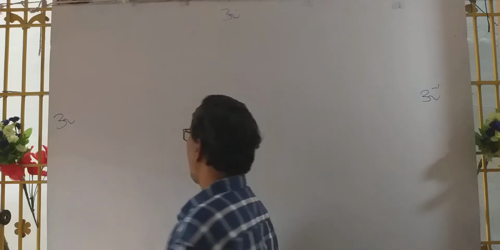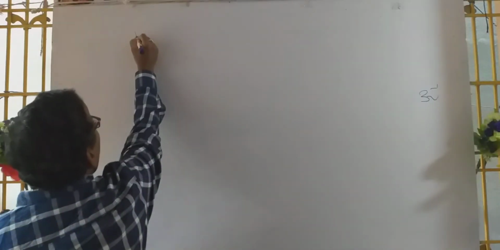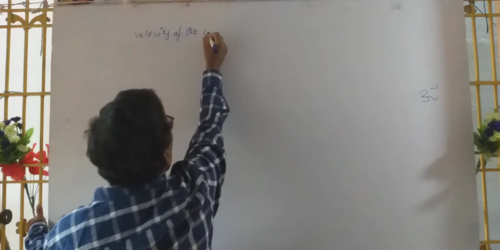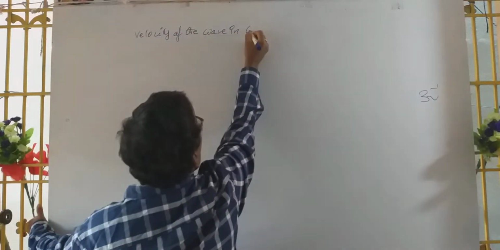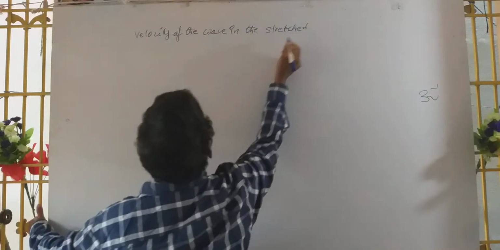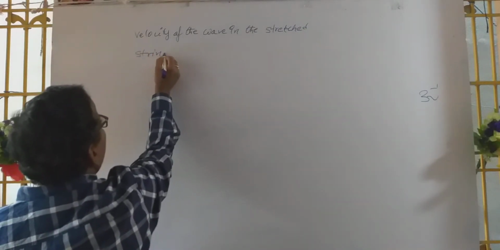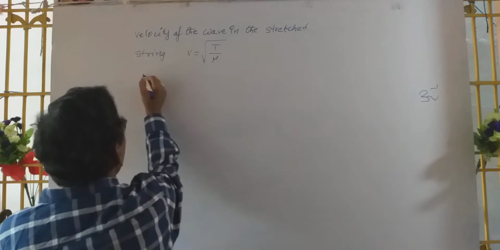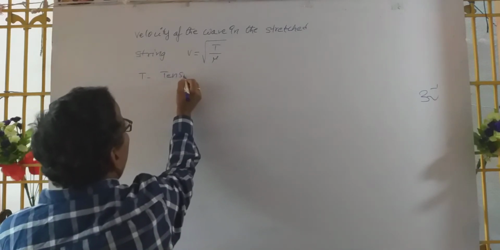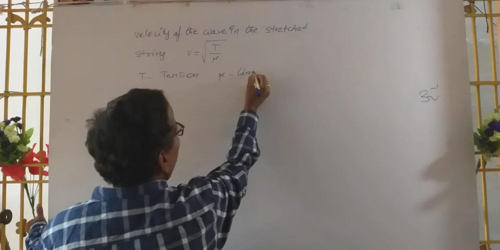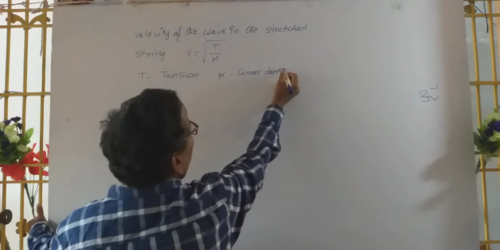Okay, come and discuss. The velocity of the wave in the stretched string: v is equal to root of T by mu, where T is the tension in the thread, as well as mu is the linear density.